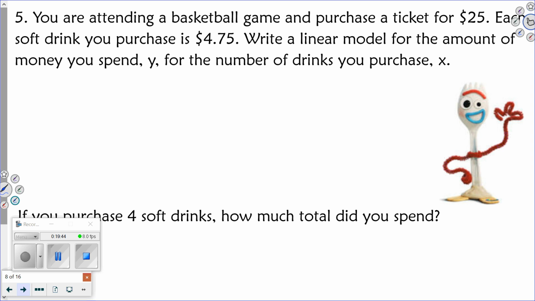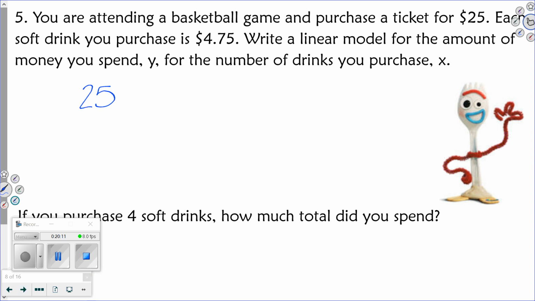All right, number 5. You're attending a basketball game. Purchase a ticket for $25. Each soft drink you purchase is $4.75. Write a linear model for the amount of money you spend, Y, for the number of drinks you purchase, X. Okay, so I'm attending a basketball game, purchase a ticket for $25. So what is the first thing you're going to write in your equation? 25.